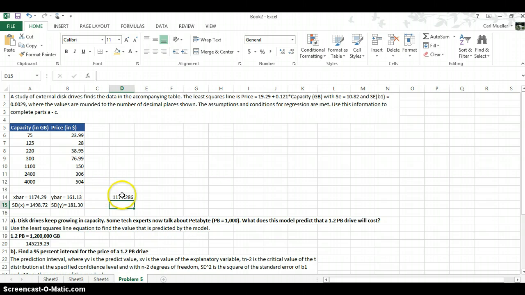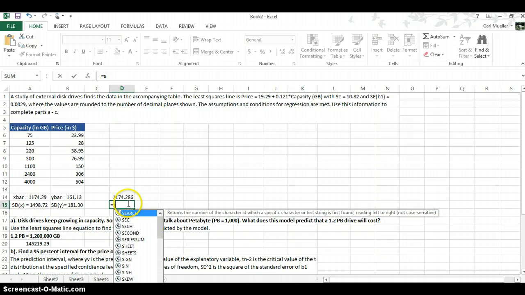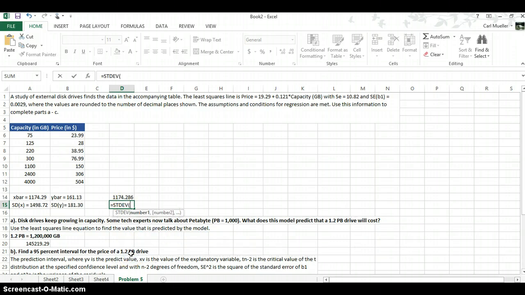For example, one matches this exactly, with some rounding. The same thing for standard deviation, just to review for everyone. I'm going to use the older version right here. Same principle, so we should get 1498.72, give or take, and as you can see right there. So that's just a review of how the question arrived at these values.